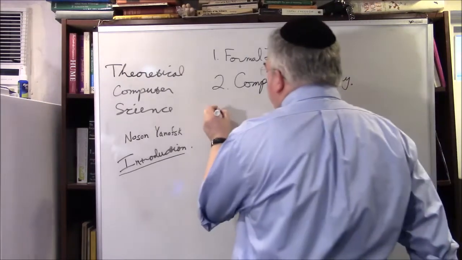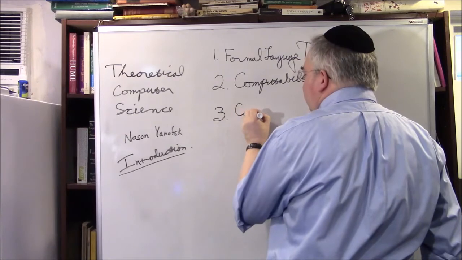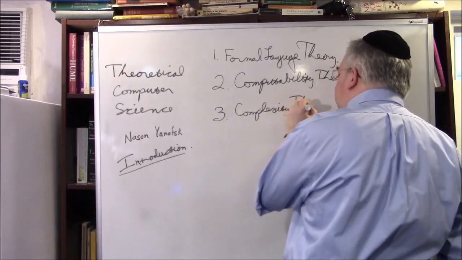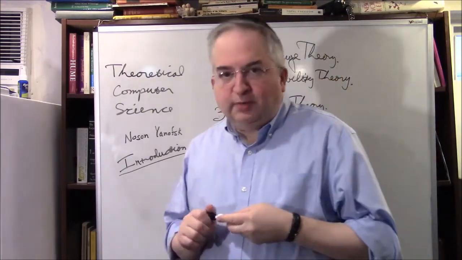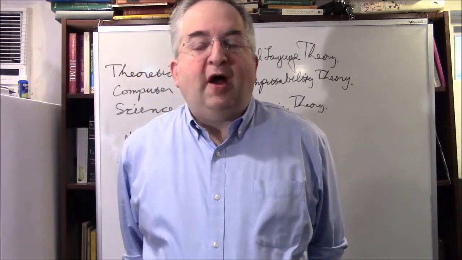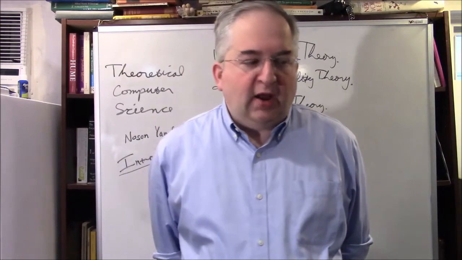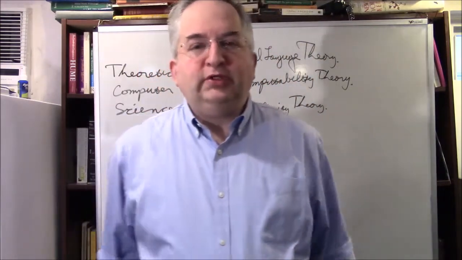And the third part of the class is called Complexity Theory. That doesn't ask what a computer can do and what it can't do. That asks what a computer can do efficiently and what a computer cannot do efficiently. In other words, what can a computer do within a reasonable amount of time?